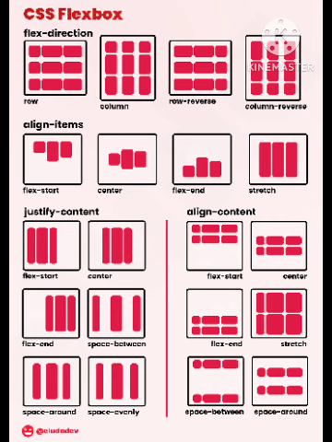The space between A, B, C will be 200 pixels, and there is also space between A and the start of the container. When we see space between, there will be no space between A and the start of the container, right?